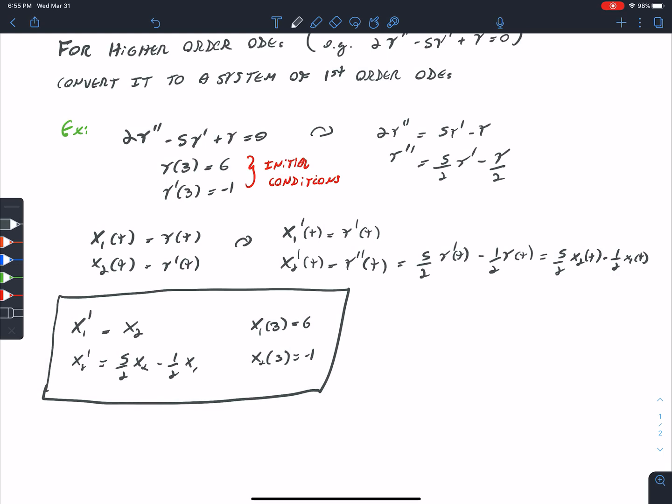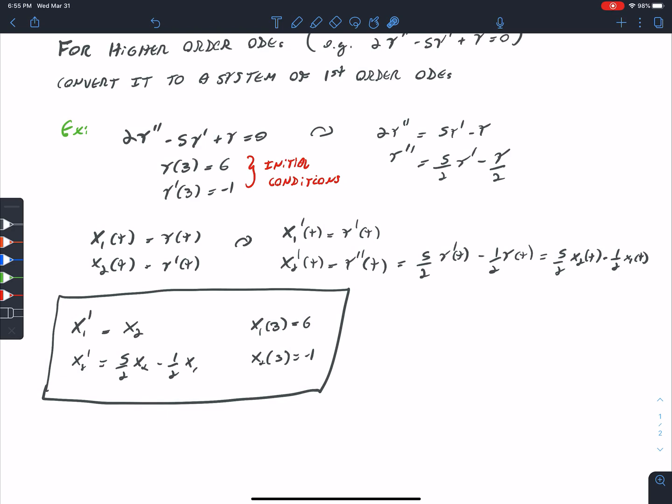In other words, we converted a second-order ODE into a system of first-order ODEs, and the system has the same initial values as the original problem statement. But once we have this here, we can more easily plug in Euler's method, right?